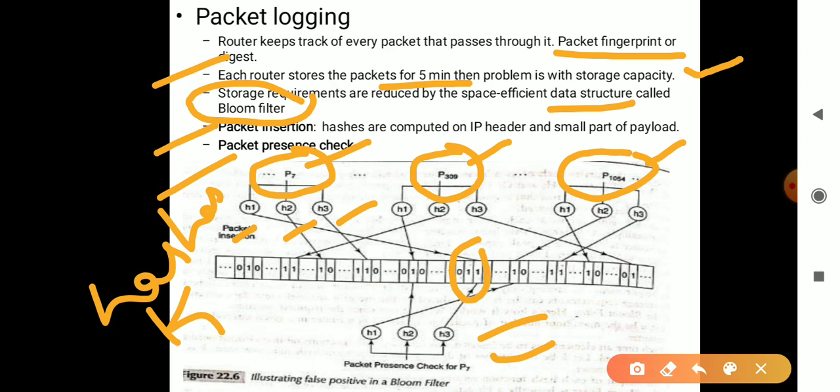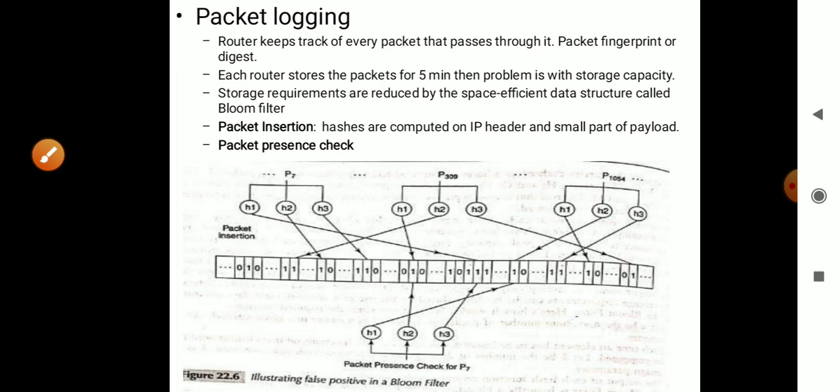But now if you check, the hash value generated for P7 is not matching the hash value that was generated earlier, but it is matching the hash value generated by packet 1045. So hence it is easy for us to track that this is a packet that has been inserted by an attacker. Hope the concepts are clear for you.